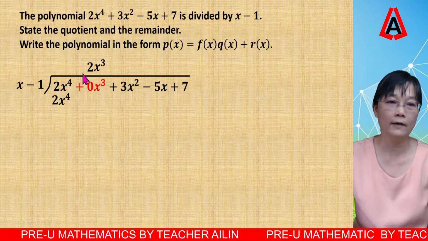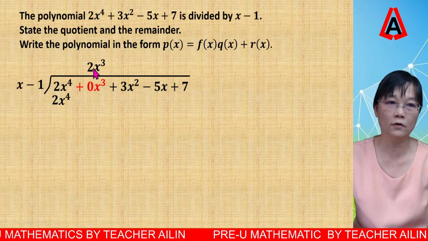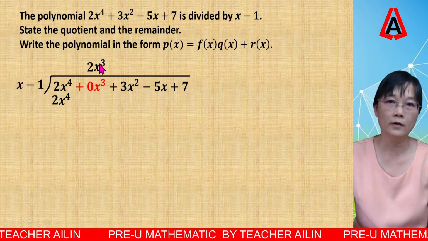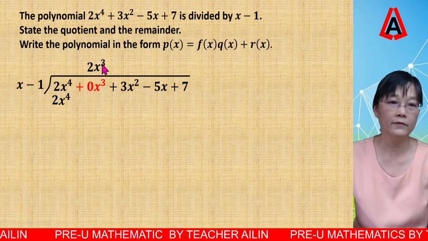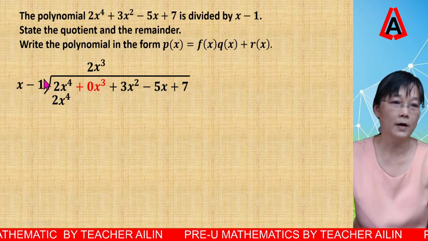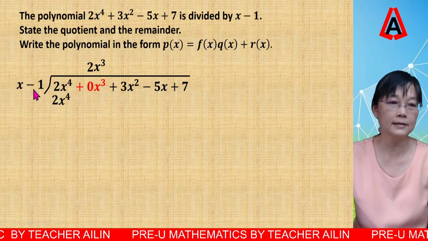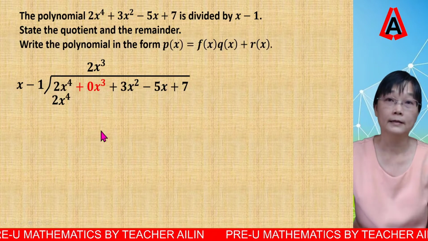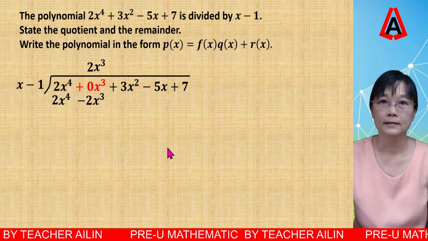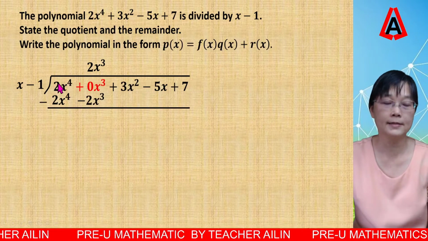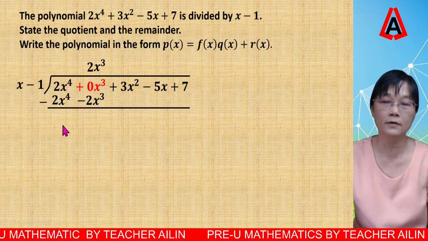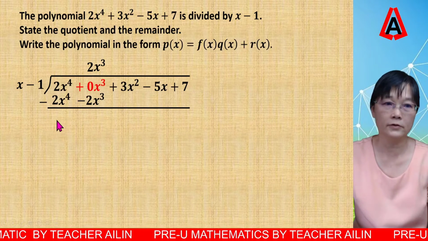So once we have got the first term for the quotient, that is 2x power 3, we will continue to do the division. That is 2x power 3 multiplied by minus 1, then we will get negative 2x power 3. Then we are going to minus, that is 2x power 4 minus 2x power 4 equals 0.